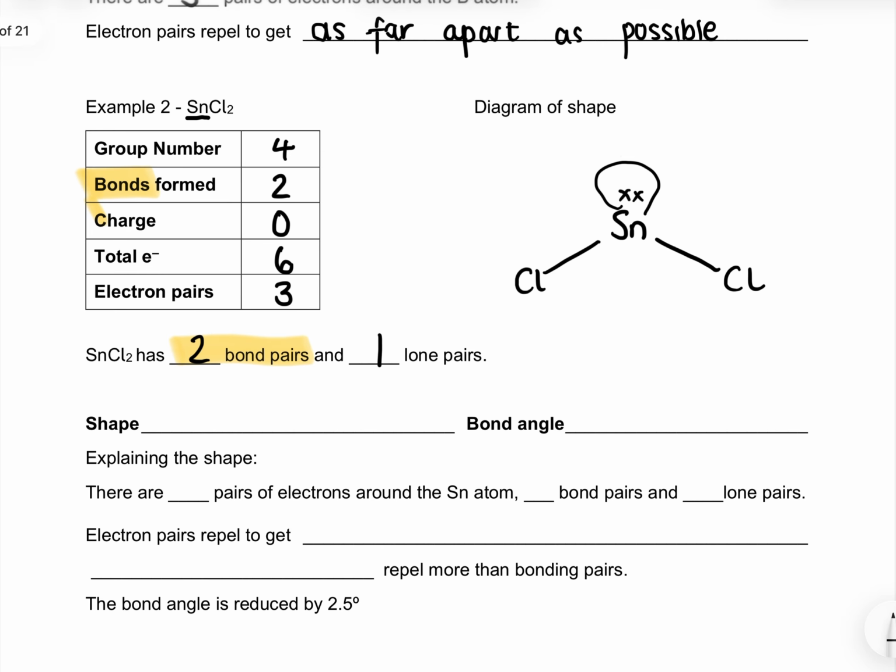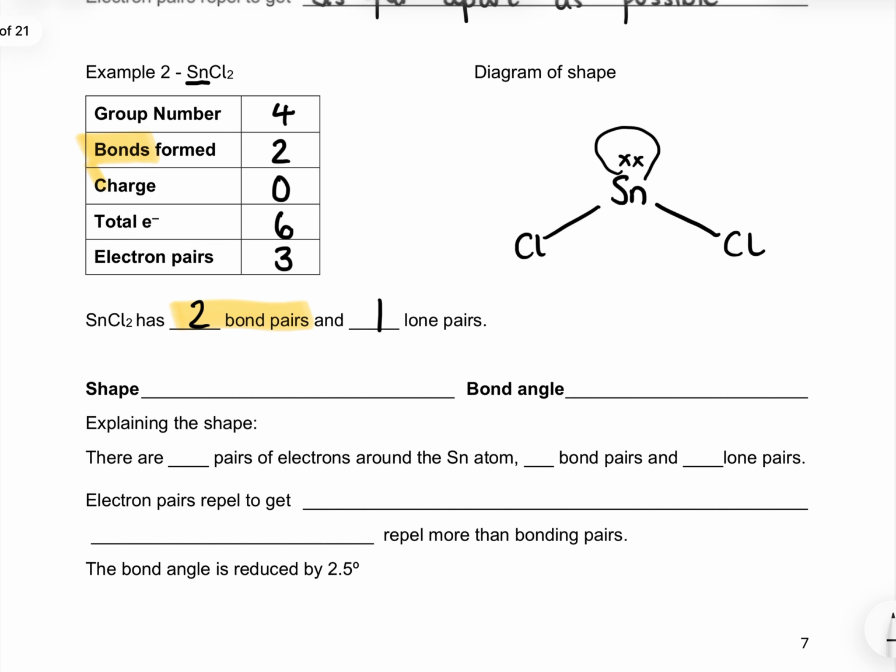Okay, so it's still got this trigonal shape, but we've got 1 lone pair and 2 bond pairs. So we don't call it trigonal now because we haven't got the top of that triangle.